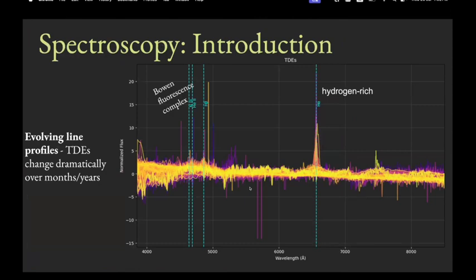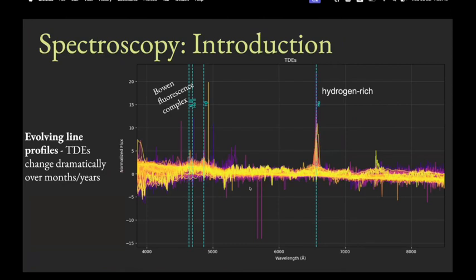So as I said before, we need spectra because through them we can identify objects better, and we can make sure that it's type 1 supernovae and not type 2 supernovae, let's say. So here is an example of TDEs.